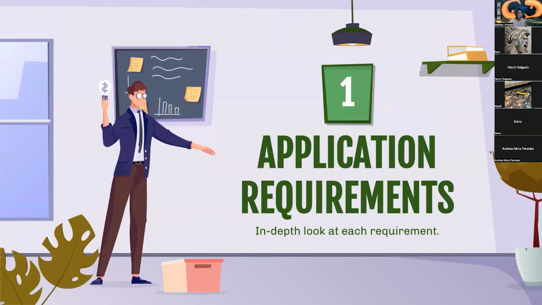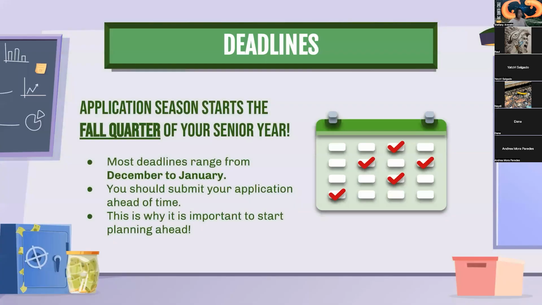So on to part 1, the application requirements. The grad application is a bit longer than the undergrad application, and it works a little differently. I mentioned this yesterday as well. The application season starts in the fall quarter of your senior year if you're planning to apply your last year. If not, just think of the fall as when the application should be submitted.